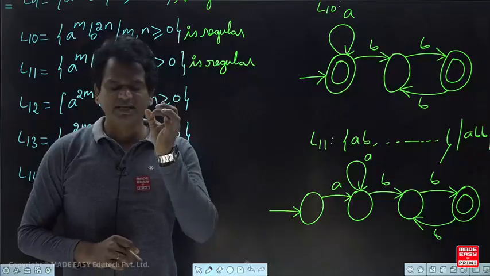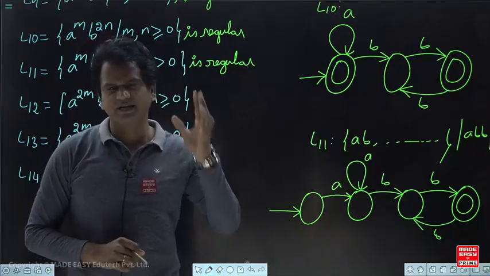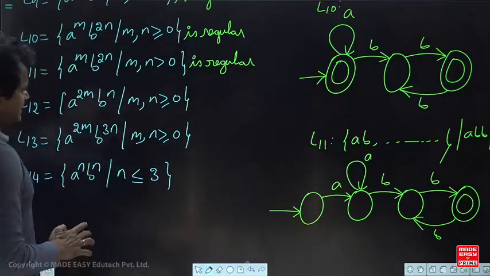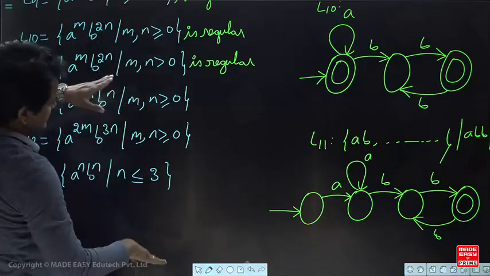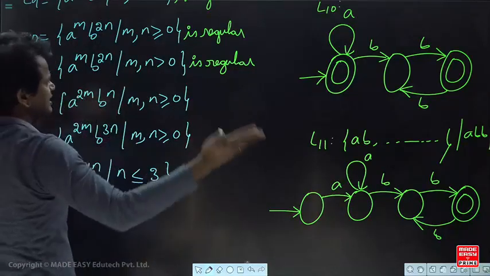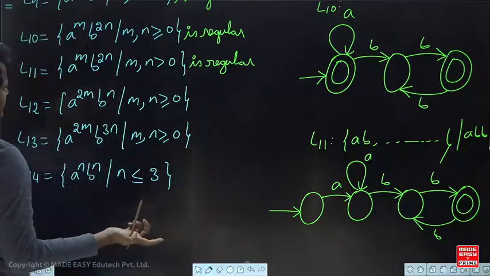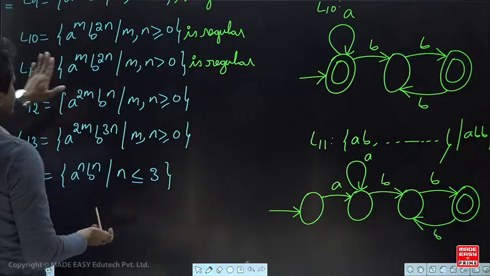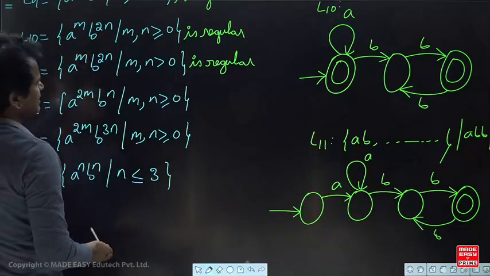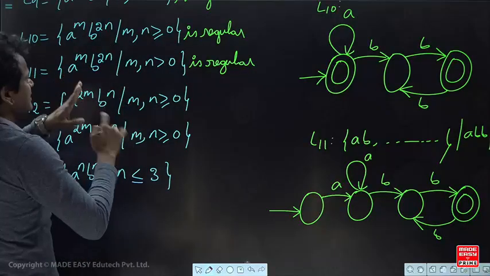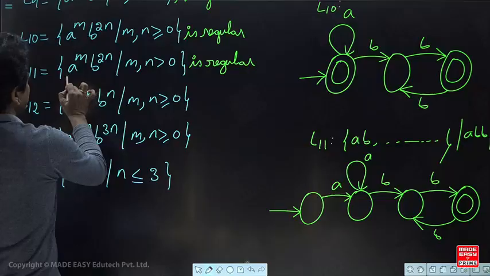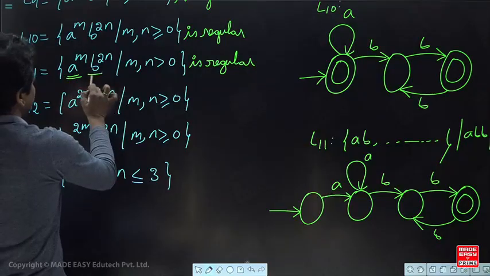Is there any comparison between A and B? If A's are this many, B's have to be more than that or lesser than that, or equal. That kind of condition, that comparison, is not there in this. If A's are 100, then B's can be 100, B's can be more than 100, B's can be less than 100. But the thing is, it has to be A's then followed by B's.